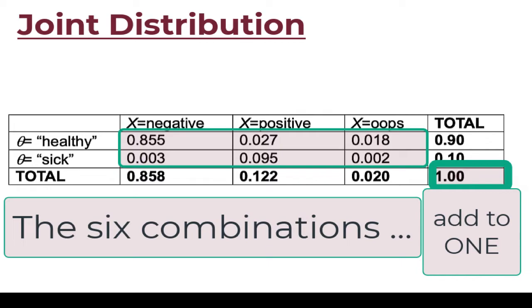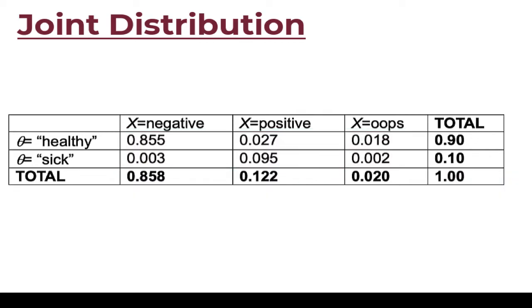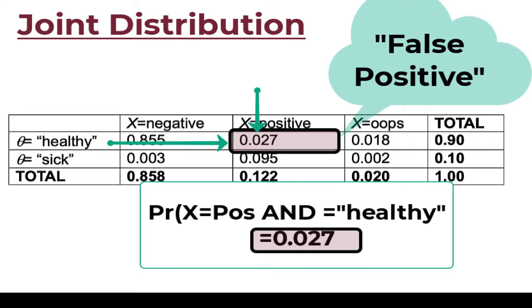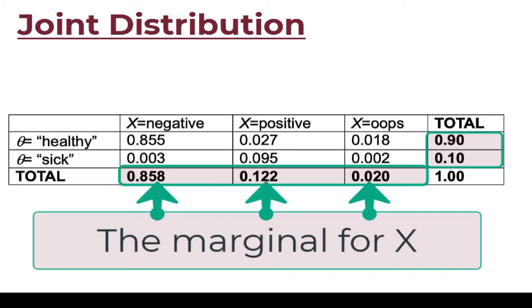Either way. The 6 combinations of X and theta, all 6 of them, their probabilities will add up to 1. It's the magic of arithmetic. So, for example, this joint probability that theta is healthy and X is positive is equal to 0.027, which you can see right there. That is called a false positive.